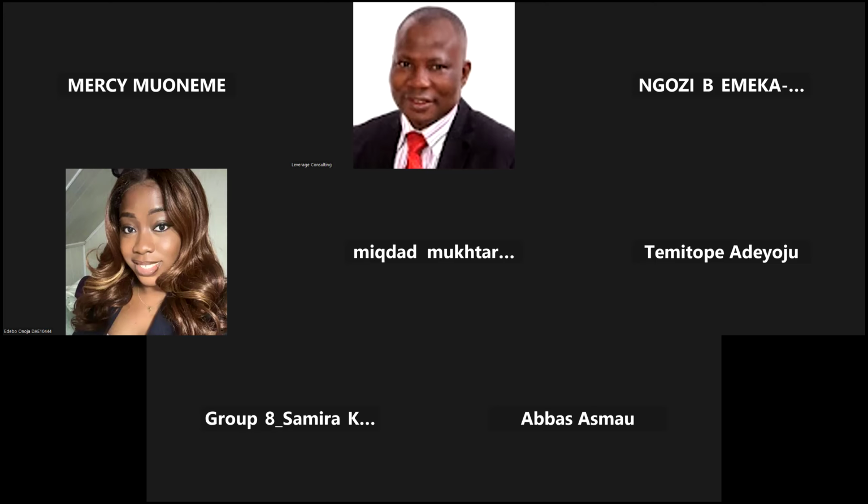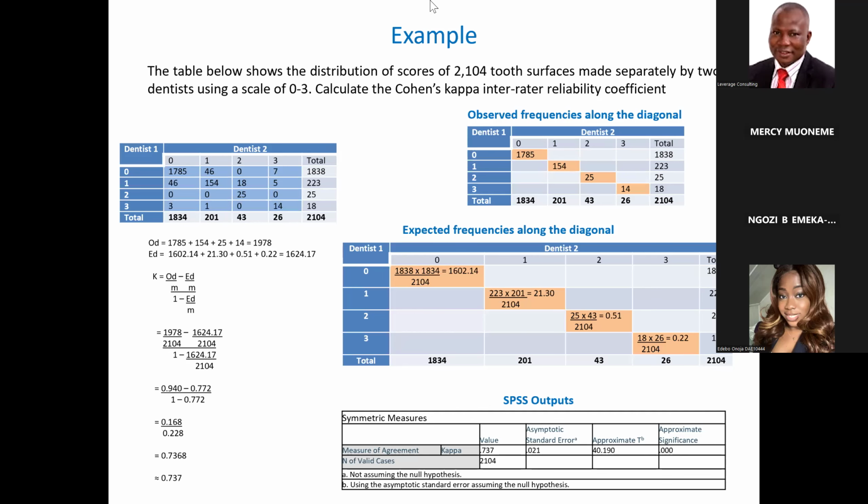Any question concerning that one? If you look at the rigorous calculation, eventually it gives us 0.737 also. You use hand to calculate.